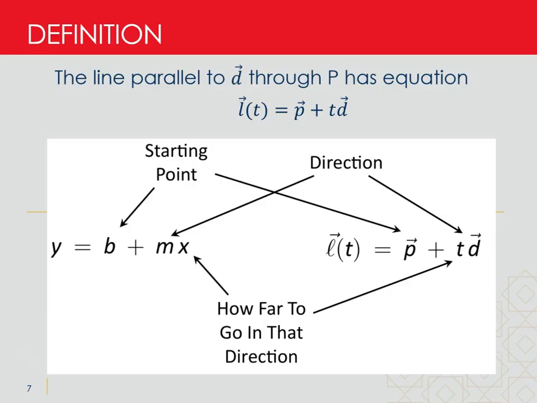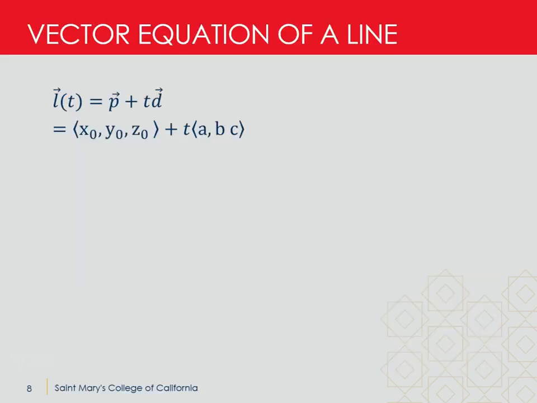As we're moving along y equals mx plus b, the x tells us how far to move along it. And that's the role that the t plays here. That's some kind of scalar that tells us how far along to go. So that's the link between these two different versions of looking at a line. Of course, the one on the left is just in 2 dimensions. The one on the right can be 2 or 3 dimensions, or I suppose even more.